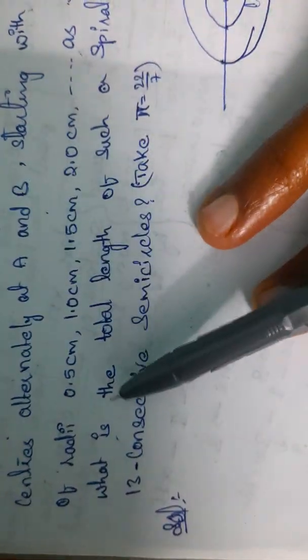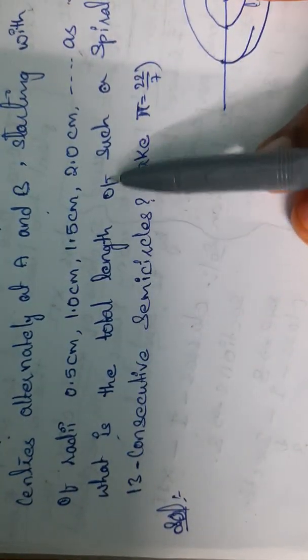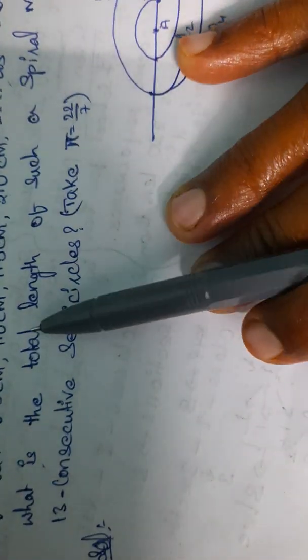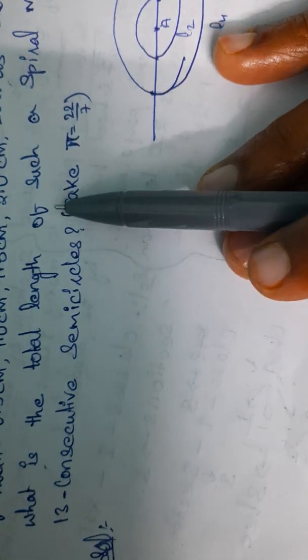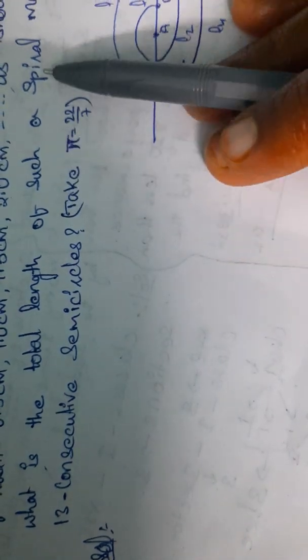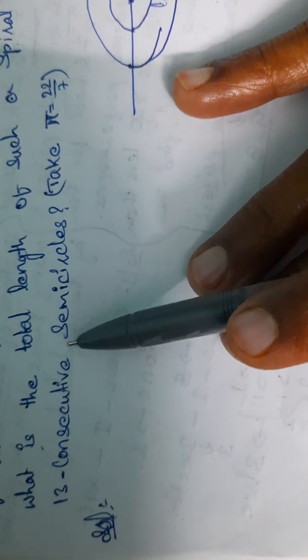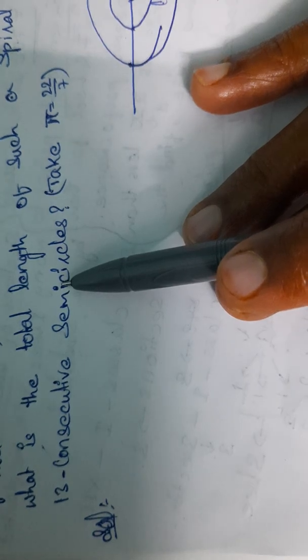So what is the total length of such a spiral made up of 13 consecutive semicircles?